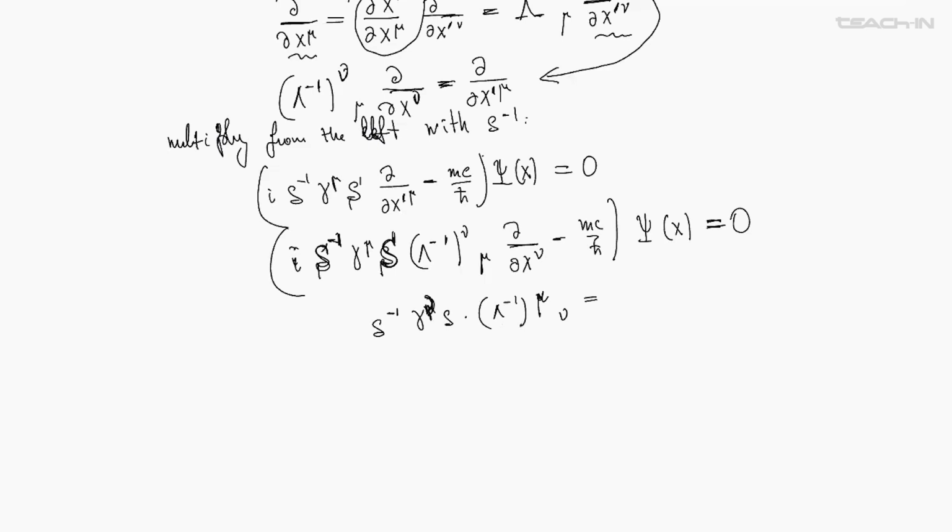Here you see I'm summing over this index here, the summation, and then there is this index ν.